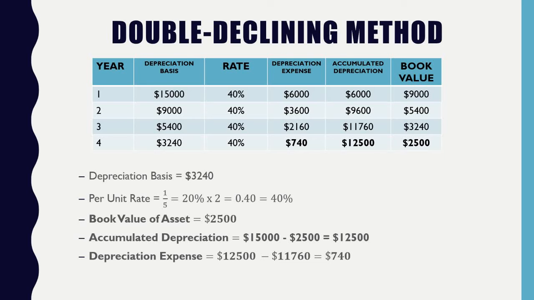Okay? And if I know my formula to solve for book value is my asset cost minus accumulated depreciation, right? We're already given two variables out of three. So in this case, my accumulated depreciation is what we're solving for.